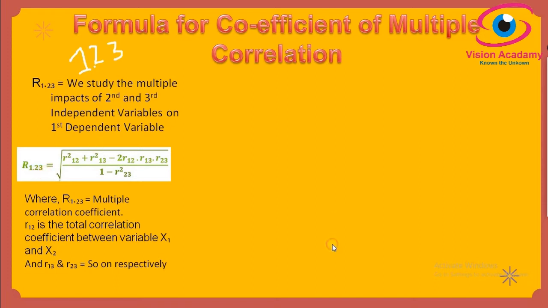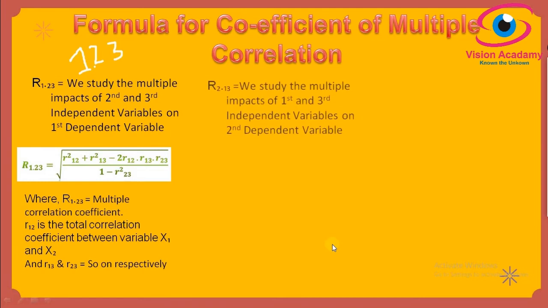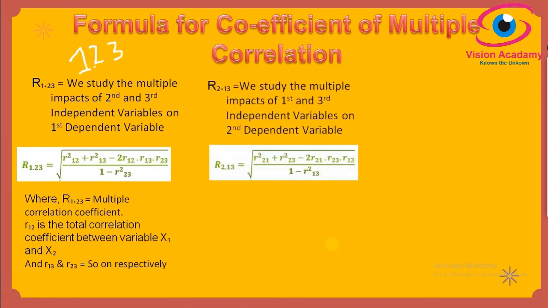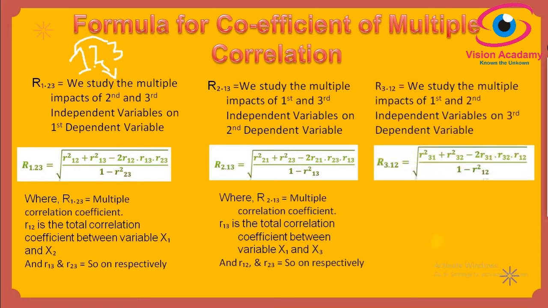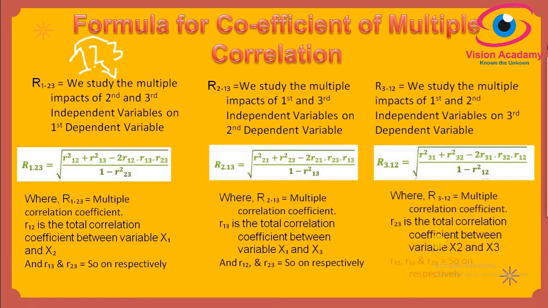Another combination we can make is 2.13. Here also we have considered the second variable as dependent, and the remaining two variables as independent. And for the third option in the multiple correlation coefficient, we have considered the third variable as dependent, and the remaining two as independent variables.